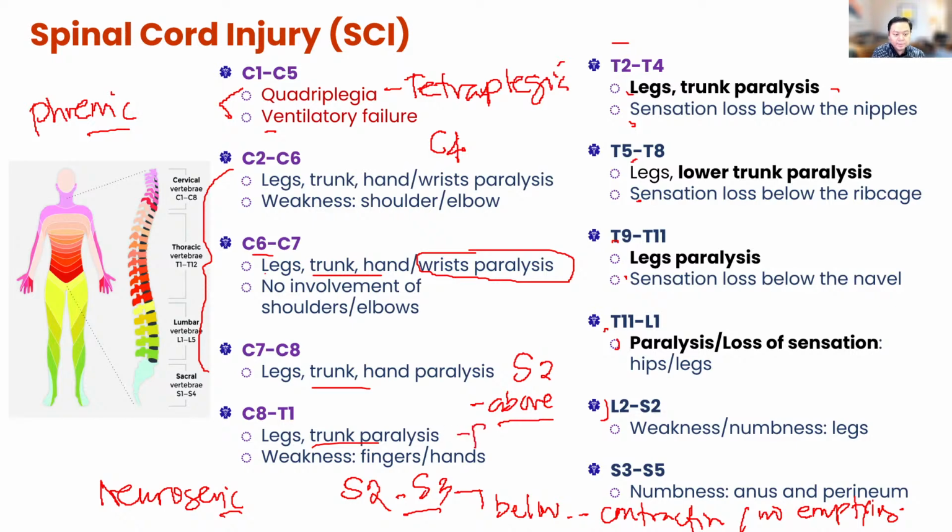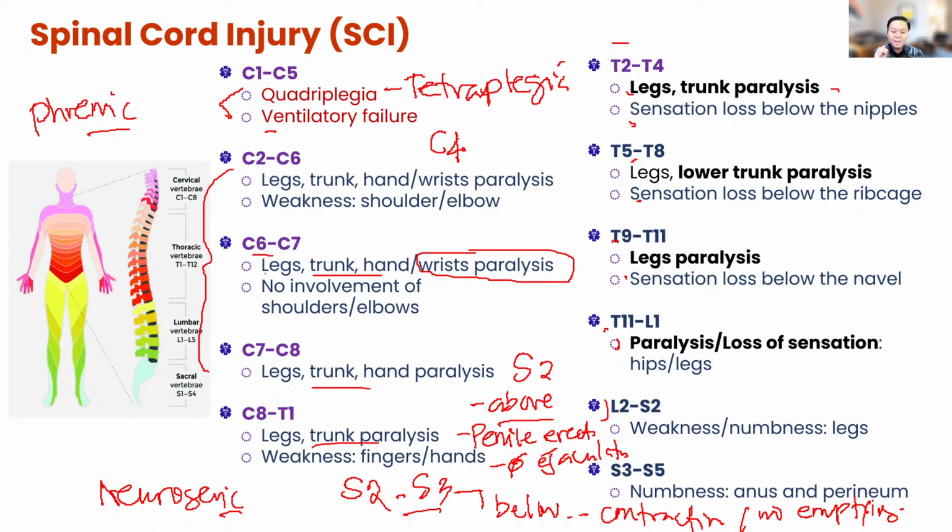Right? Penile erection, but no ejaculation. And the reason for that is the damage to the sympathetic nerves. Again, they will be having penile erections for the male, but no ejaculation.